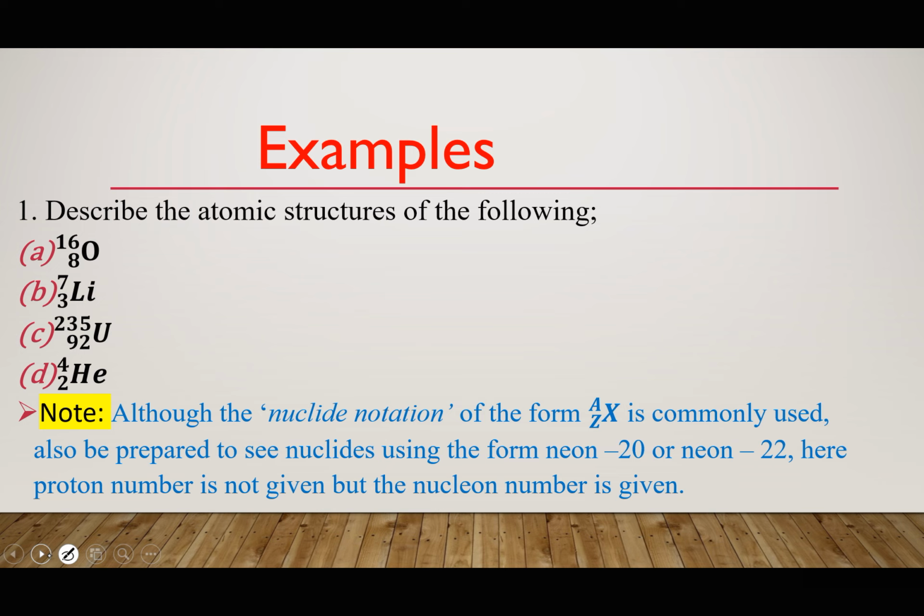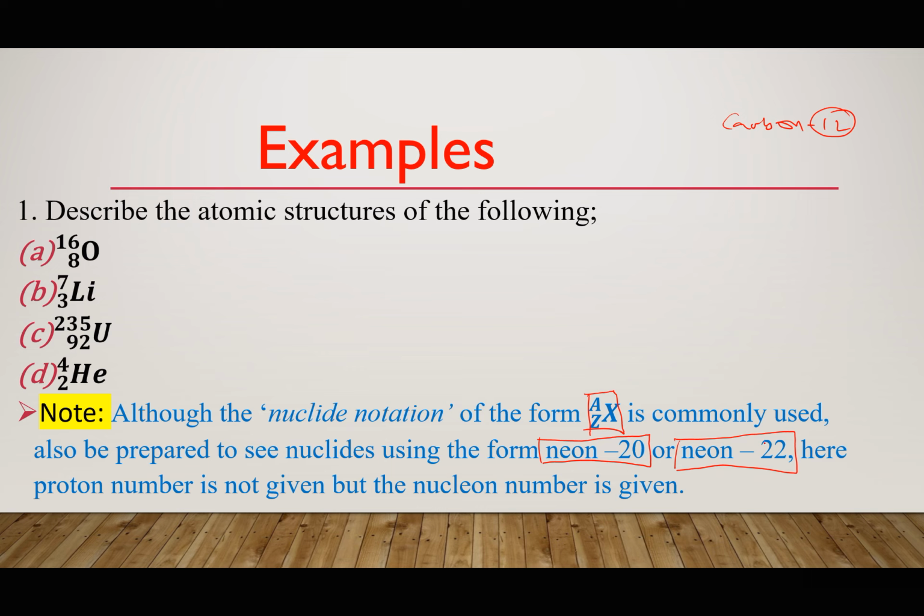Note, although the nuclide notation A Z is commonly used, also be prepared to see nuclides written in the form neon 20, neon 22, carbon 12. So what is this 12? Neon 20, what is this 20?